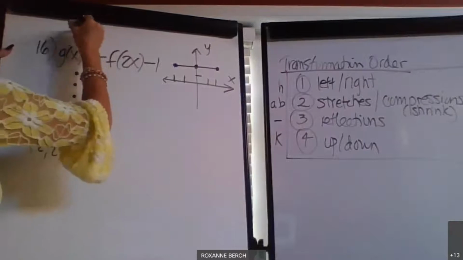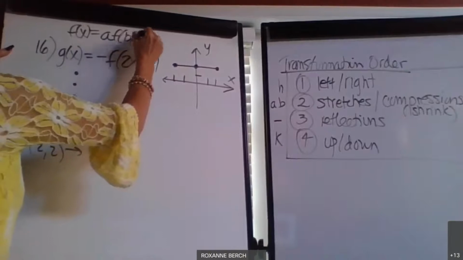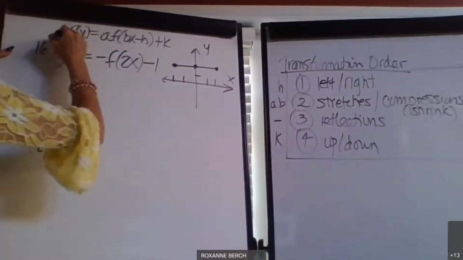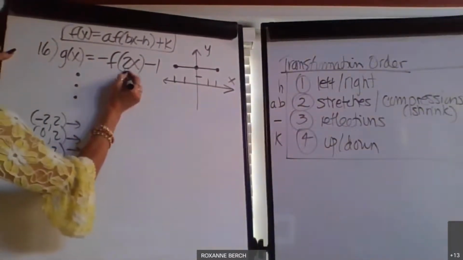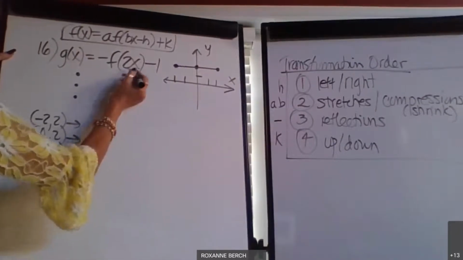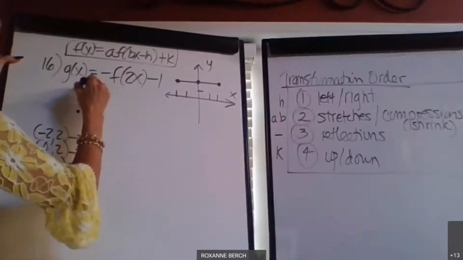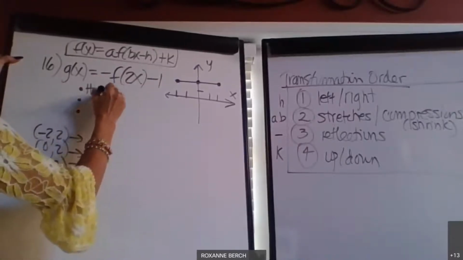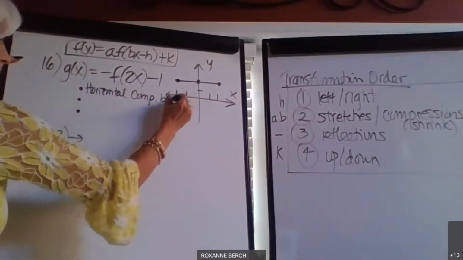Because doesn't the form look like this, for a general function? So what are you going to say? Is this a stretch or compression? And is it horizontal or vertical? It's a compression because you have to flip it, right? Yes, it's a horizontal compression by 1/2.